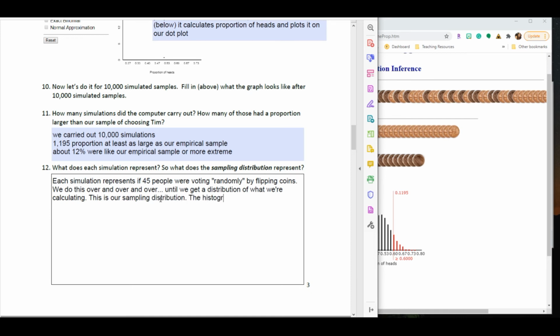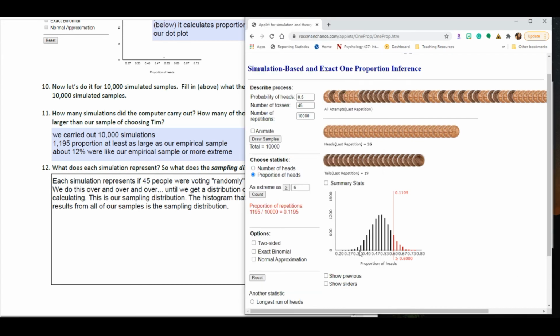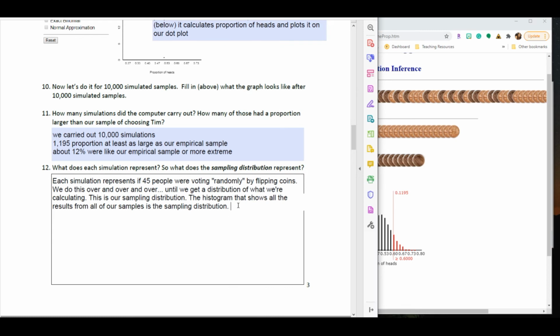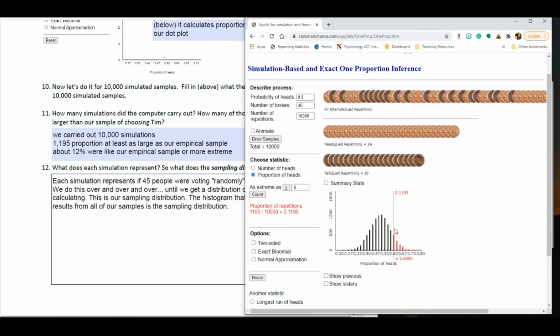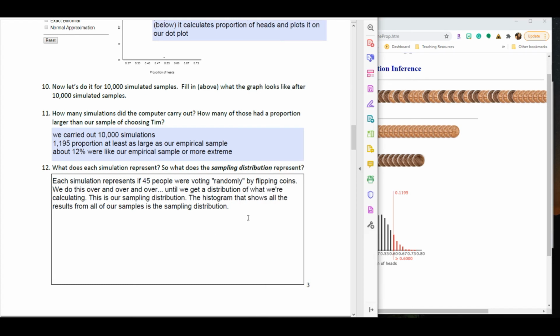The histogram that shows all the results from all of our samples is the sampling distribution. Because again, a histogram is just a distribution. How are our results distributed? And in this case, this represents if we did 10,000 simulated samples.